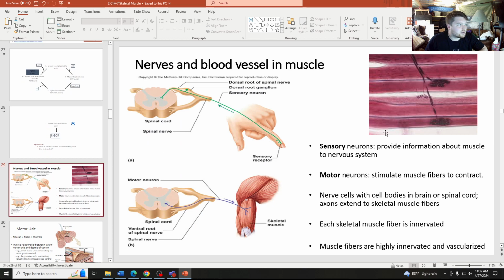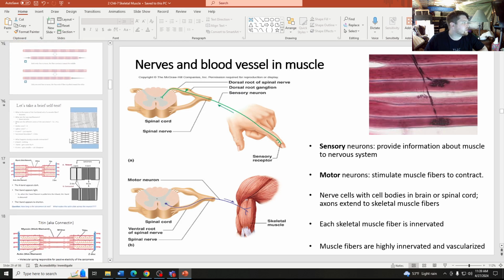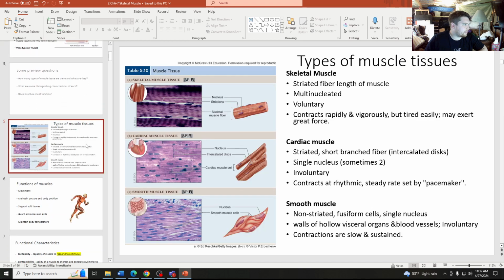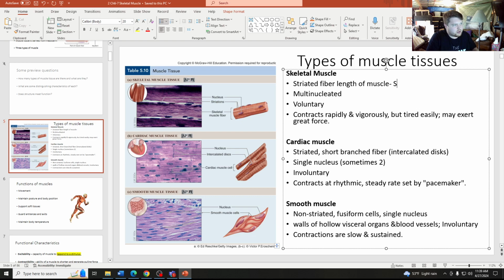Yeah, kind of like this. See how you have these lines that you can see if you zoom in? Those are striations, and we'll get into exactly what they are a little bit later. But striated means that they have sarcomeres inside of them, which is super important for the way that muscles contract.